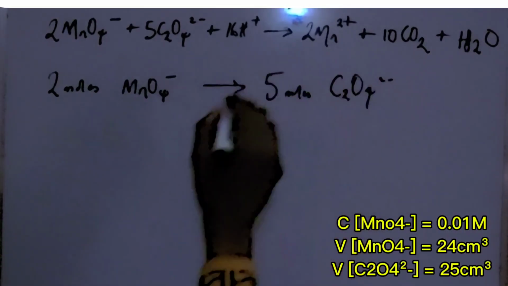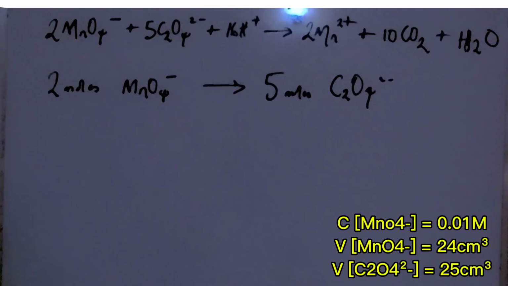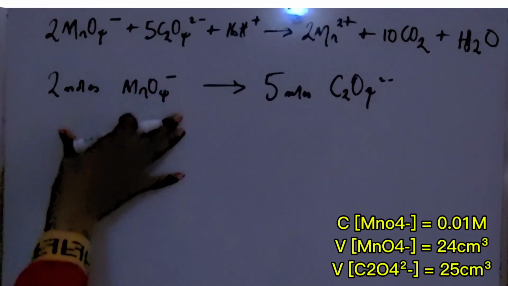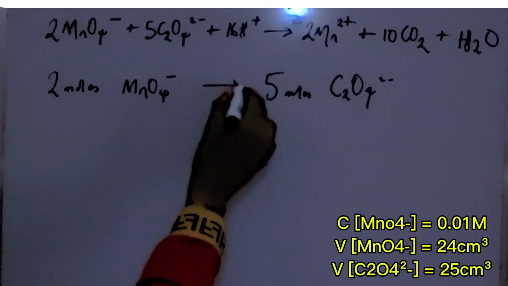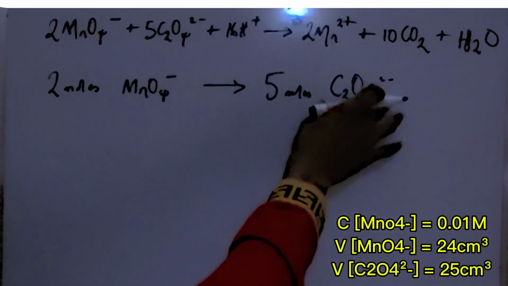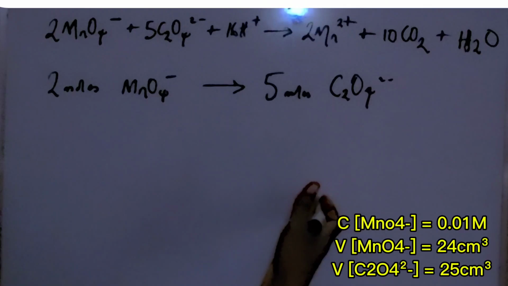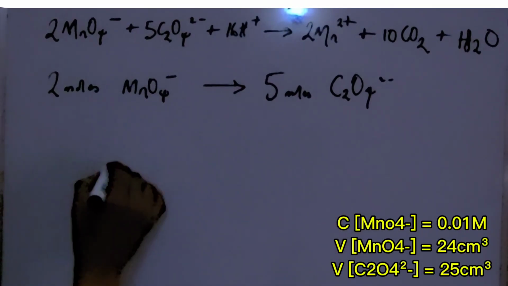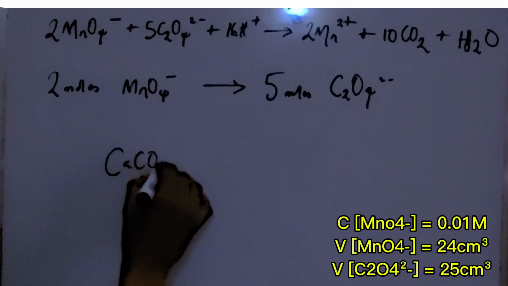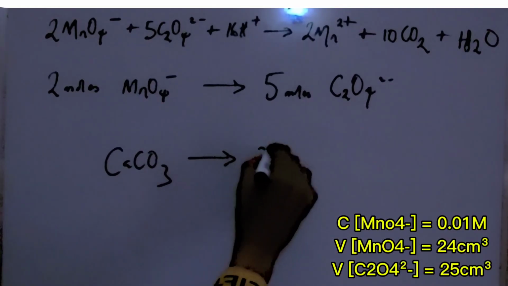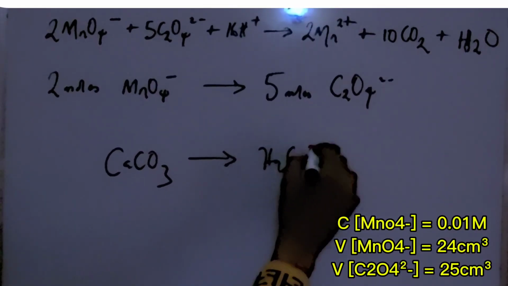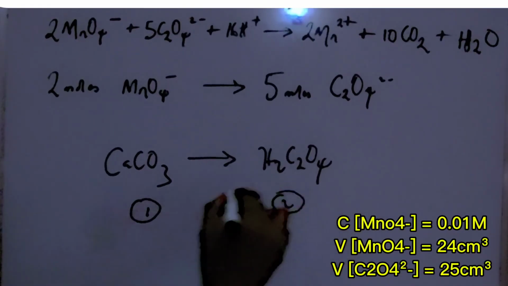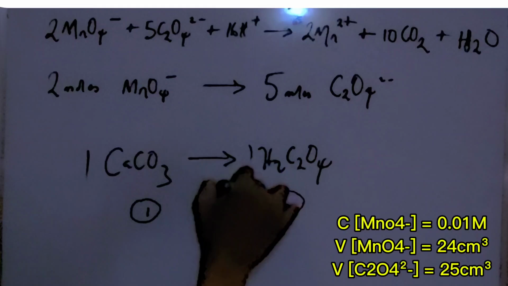I'm just going to write C2O4 2 minus. Now remember, we know the concentration of this; this is our standard solution, okay? But we're interested in the oxalate because the oxalate will give us an insight about calcium. Remember, from equation 1 and equation 2, equation 1 had to do with CaCO3 essentially precipitating H2C2O4 in the second equation, and it was 1:1 mole.